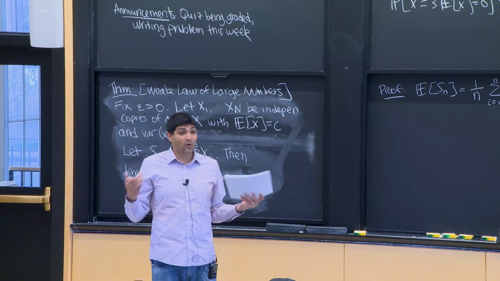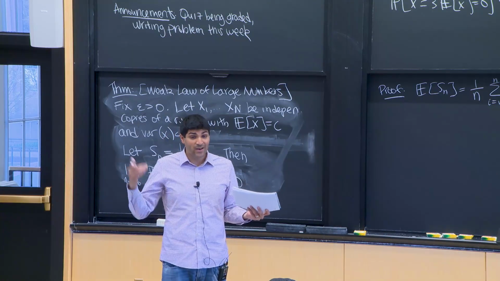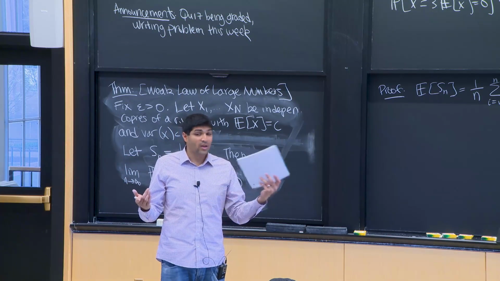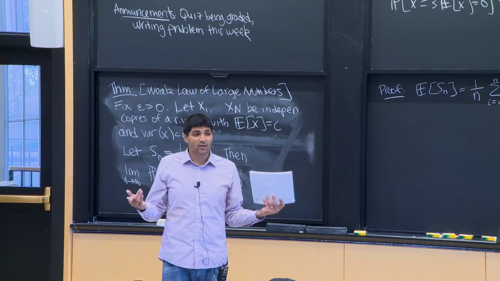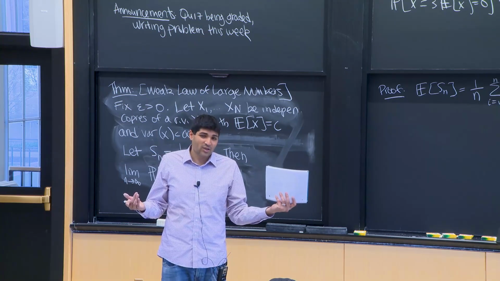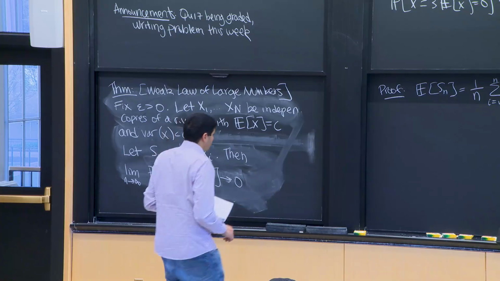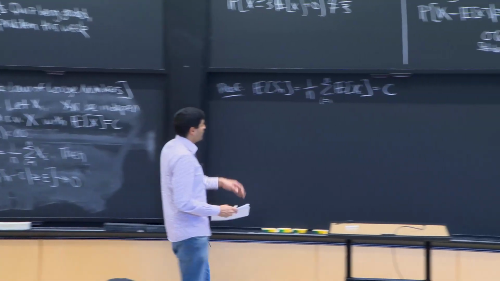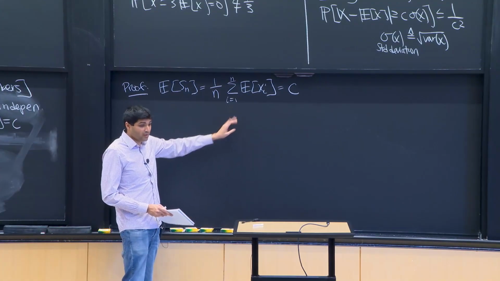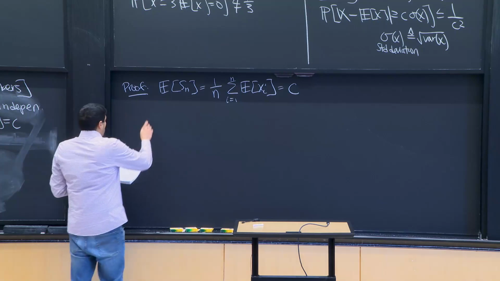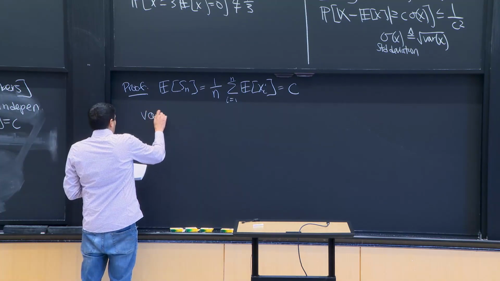If I'm trying to approximate the expectation of my random variable x with another random variable Sn, I better have that the expectation of Sn is equal to the expectation of x, otherwise I'm going to have trouble. So this makes sense. This just means that I have an unbiased estimator of the thing that I really care about. Now the crucial thing is computing the variance.